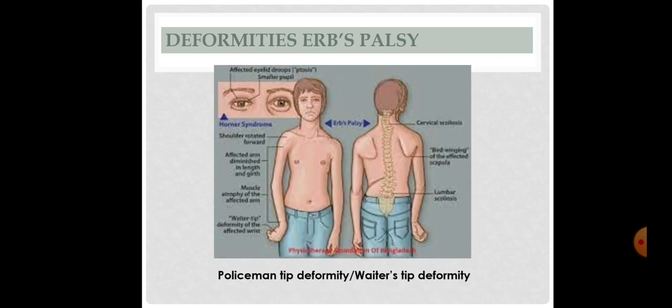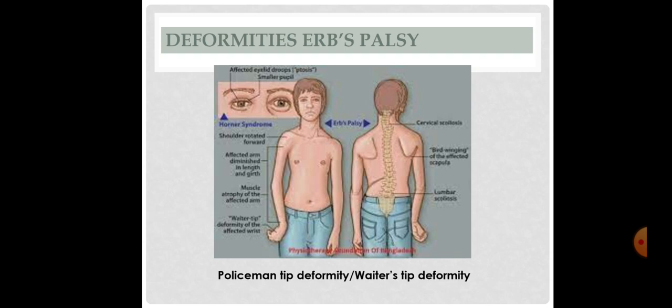Okay, here is also the same deformity, and now there is a term used to call this deformity, that is policeman tip deformity or waiter's tip deformity. I don't know why this is called. This is like when a waiter gets tips from the customer.